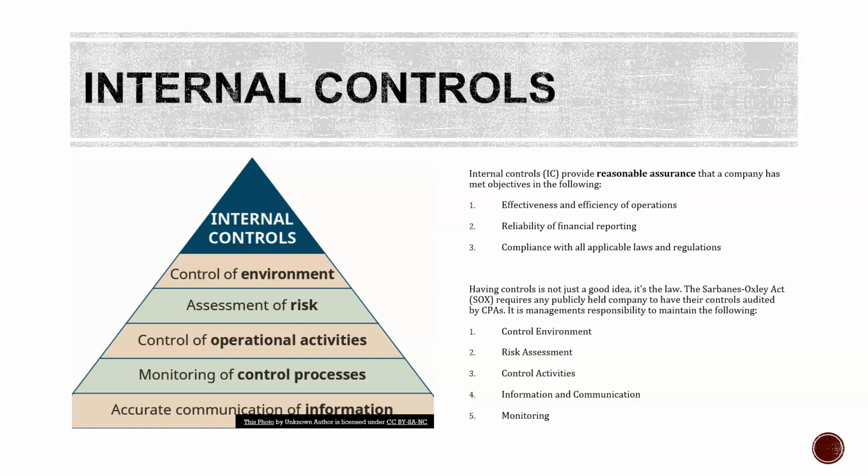The IC, the internal controls, provide reasonable assurance that the company meets the following objectives: that we are effective and efficient with our operations, right? That's our income statement. We are reliably reporting our financials, so those are all four really of our financial statements. So what that means is that there's not what I keep calling a material misstatement.